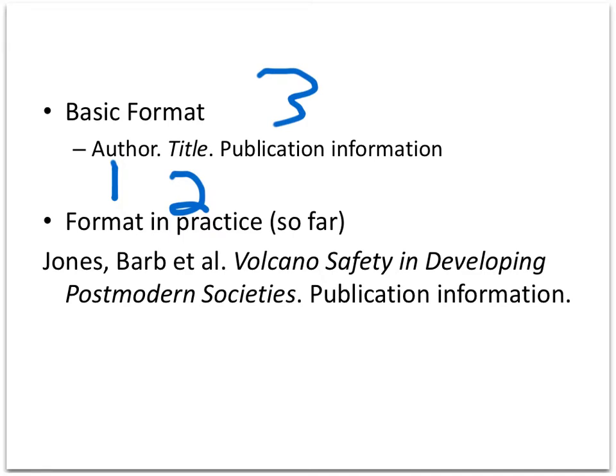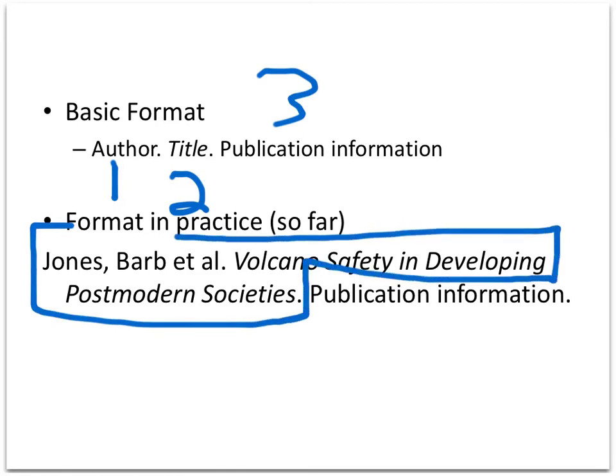However, based on this information alone, we don't know what type of source this is. This could be a book, this could be a film, this could be any number of different things. The way we distinguish types of sources from one another is with the publication information. So we'll talk about that now.